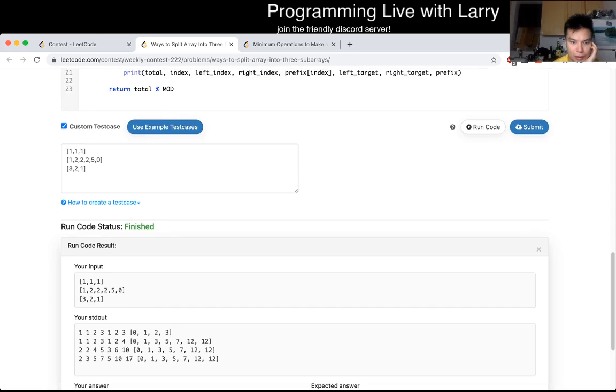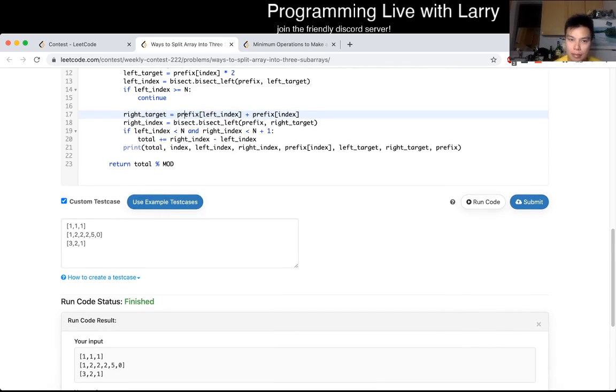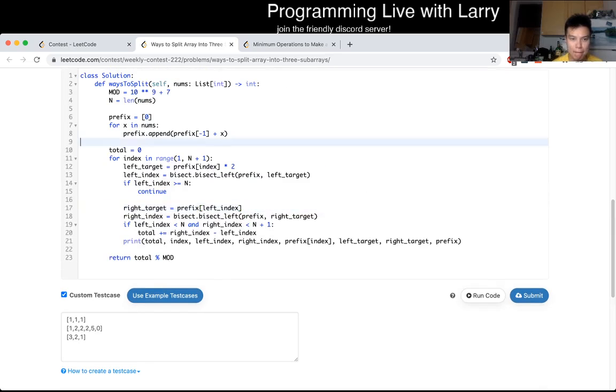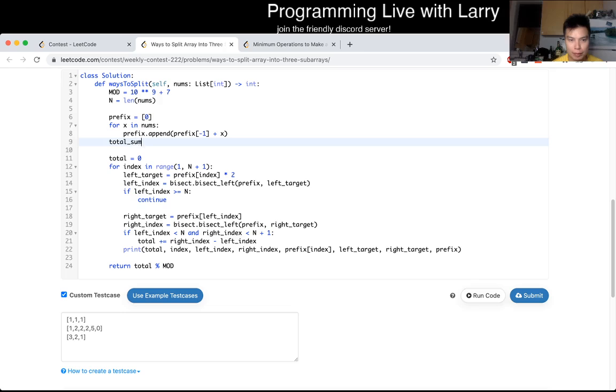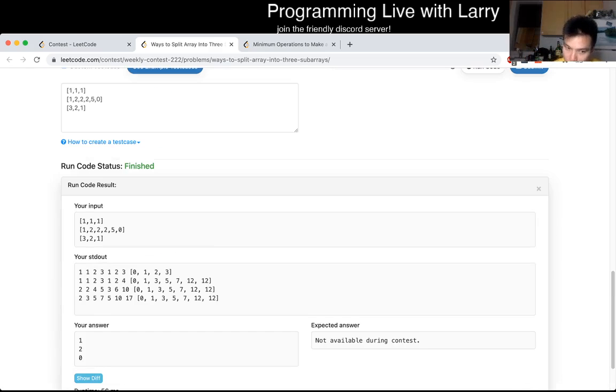No, that's not right. Left target it's 2. Right target is... man, I'm really struggling today.